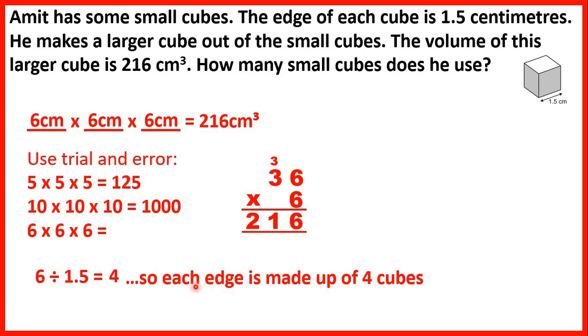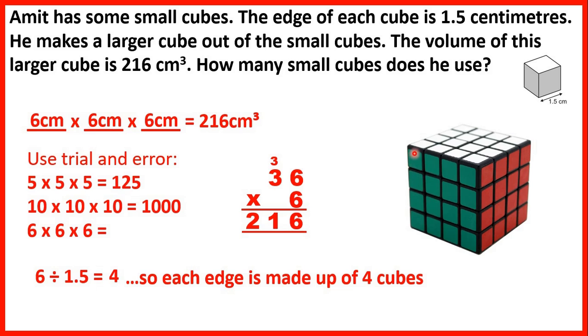So that means each edge is made up of 4 cubes. So Amit has a cube like this. He's used 4 of these 1.5 centimetre cubes on each edge, because 1.5 plus 1.5 plus 1.5 plus 1.5 is 6, and we know that the edges of the cube must be 6 centimetres.